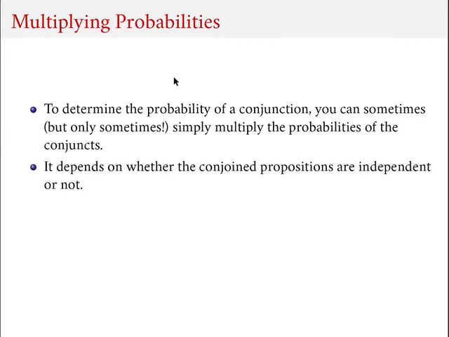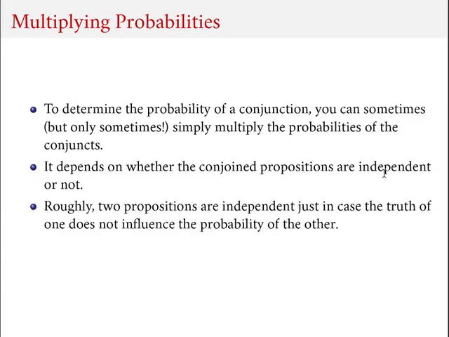Now, this rule I'm about to give you, i.e., the rule of simply multiplying the probabilities of the conjuncts of a conjunction, whether you can apply this rule depends on whether the conjoined propositions are independent or not. Now, the notion of independence already came up.